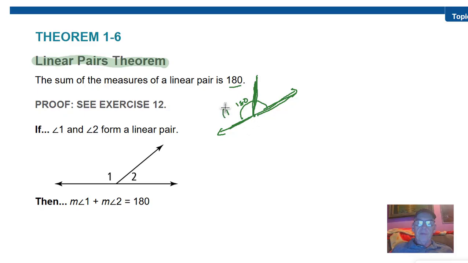So if angle 1 and angle 2 form a linear pair, which means they make a straight angle, and since a straight angle measures 180 degrees, we can say that the measures of angle 1 and angle 2 must add to 180 degrees. So here's our given. Here's our to prove part. And we'll go through this in exercise 11.